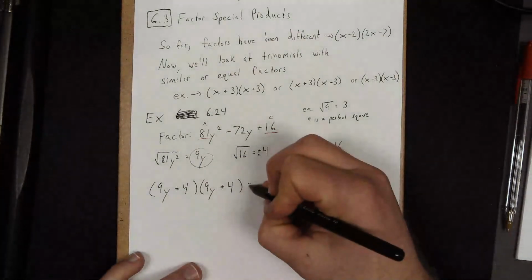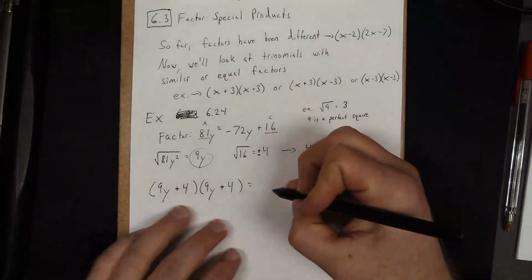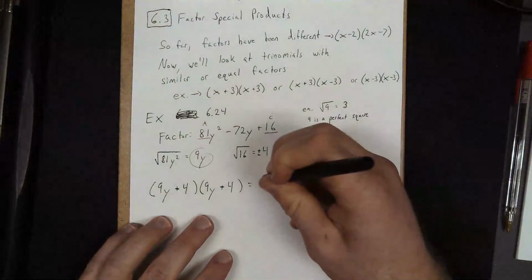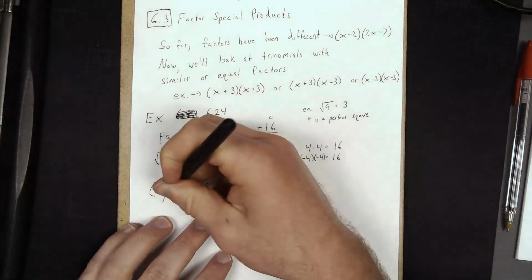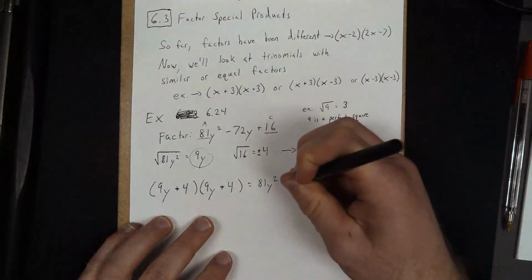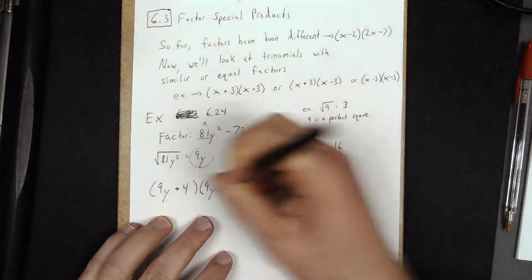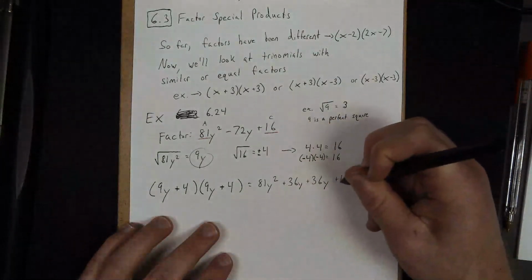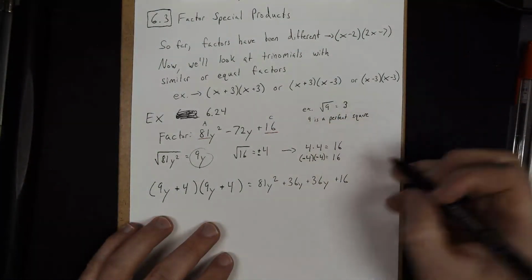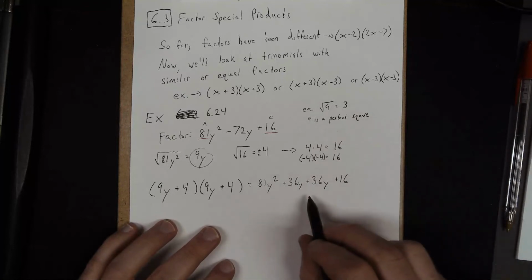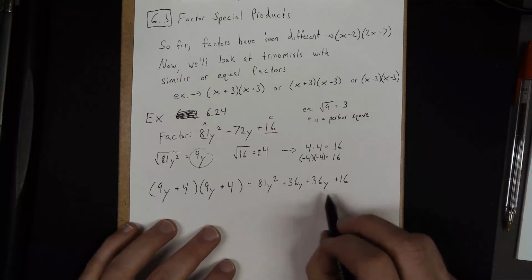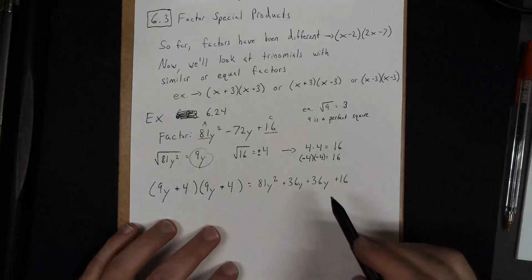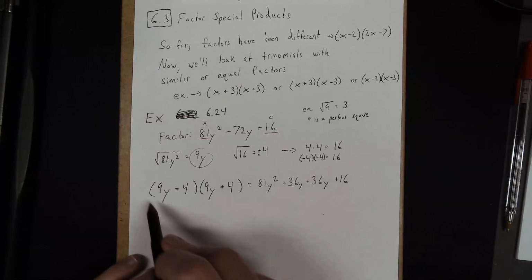Well, let's check. 9y times 9y is 81y squared. 9y times 4, 36y. 4 times 9y, 36y, plus 16. Well, I can see right away this isn't going to work because 36y plus 36y gives me positive 72y.